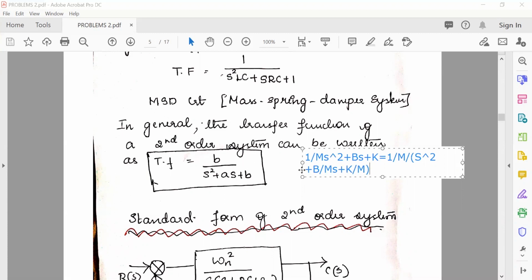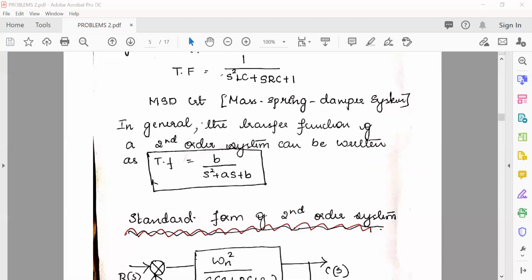So you divide this expression by M, because we only want S squared. When you divide, you get this. Here B represents 1 by M, A represents B by M, and B again represents 1 by M. K is the constant value here, the spring value. Based on this, we get the general form for a second order mechanical system.